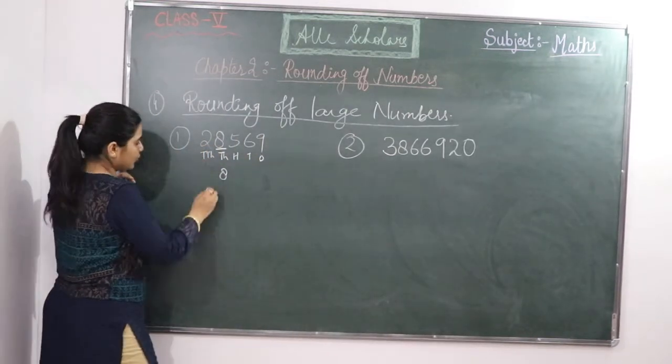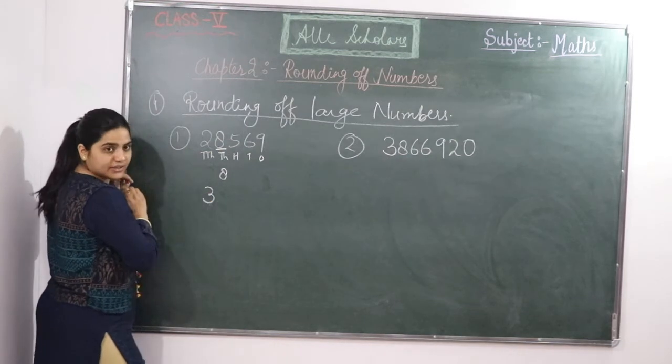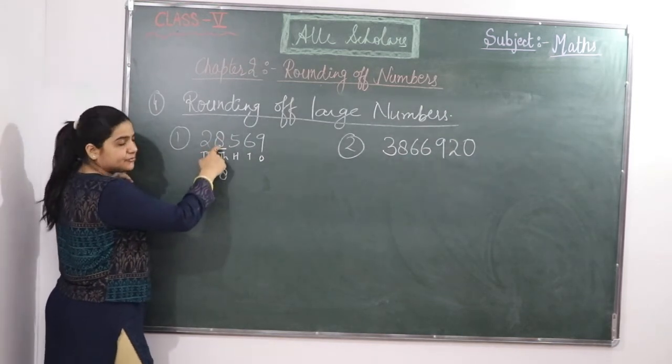Okay, so 2 will be 3 because 8 is greater than 5.